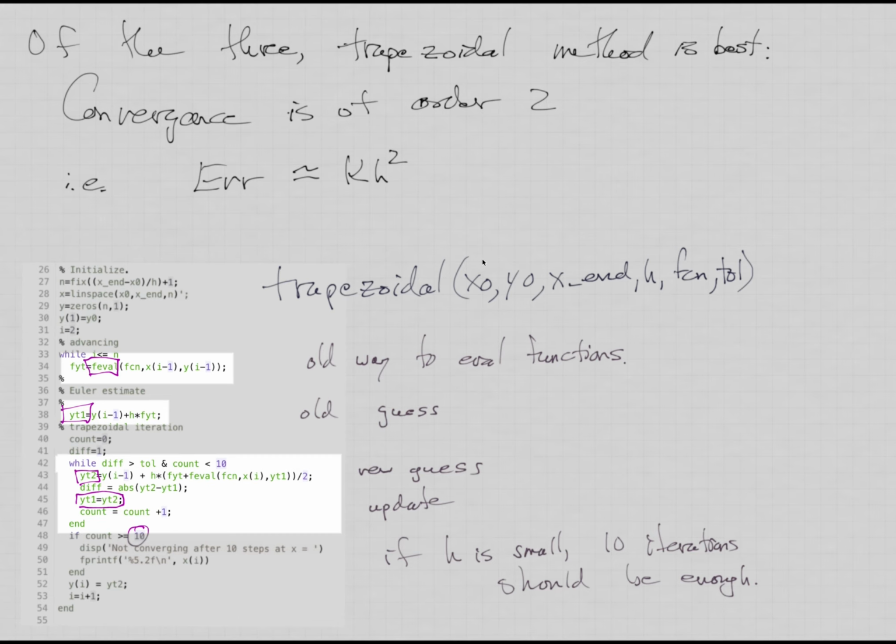And this trapezoidal method is the best of the three we've looked at so far. Turns out the convergence is of order 2. That is, if you use the trapezoid method, it actually cuts down the truncation error, because trapezoid is a much better approximation for the Riemann sum. If you're taking the area of a small slice of the function, then using the trapezoid method gives you an order smaller truncation error.